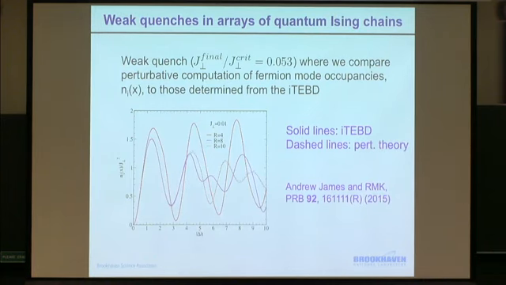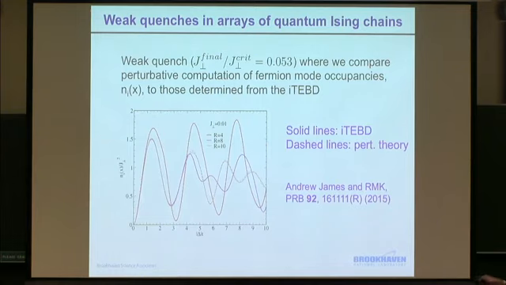And so here are the results of this comparison. Here we're plotting the mode occupations on each of the chains as a function of time. We present data for three different chain lengths.